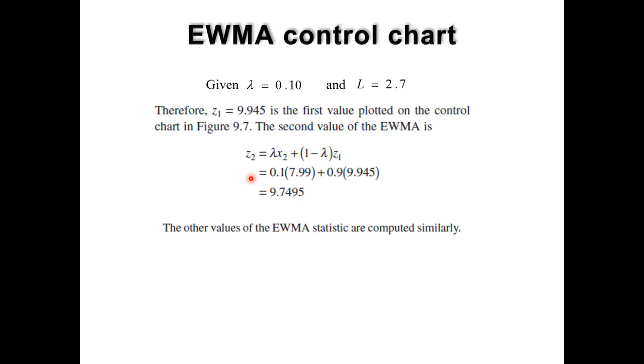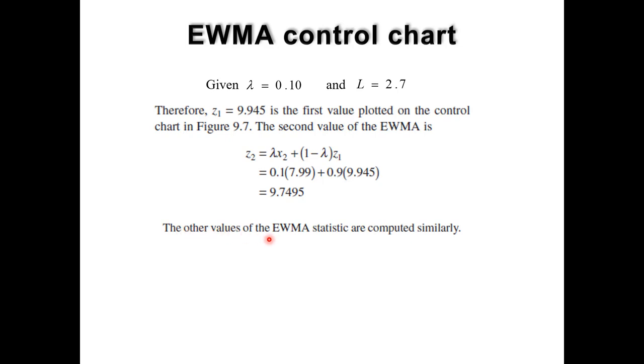Now, substituting lambda equals 0.1, x2 equals 7.99, the second value in table 9.1, plus 0.9, which is 1 minus lambda, times z1, and z1 is 9.945, that will give us z2 equals 9.7495.